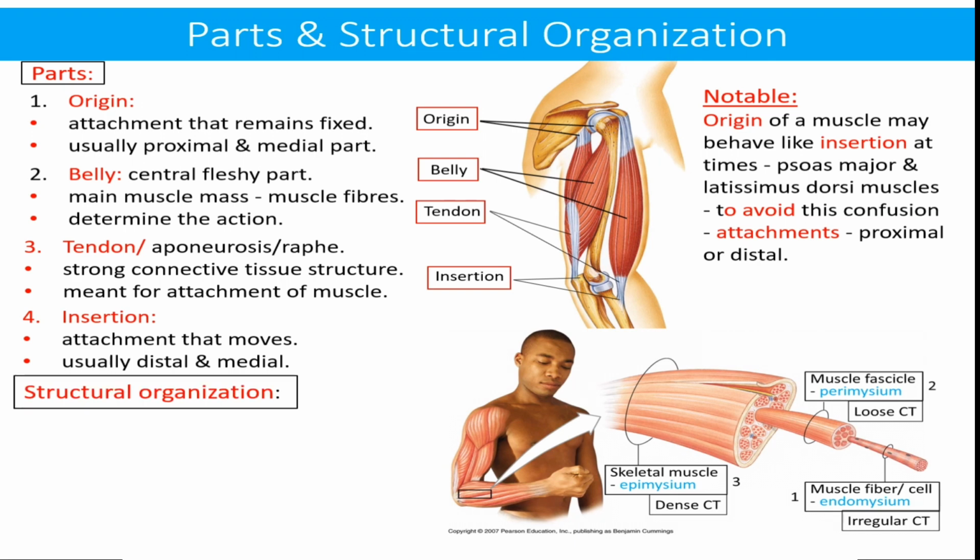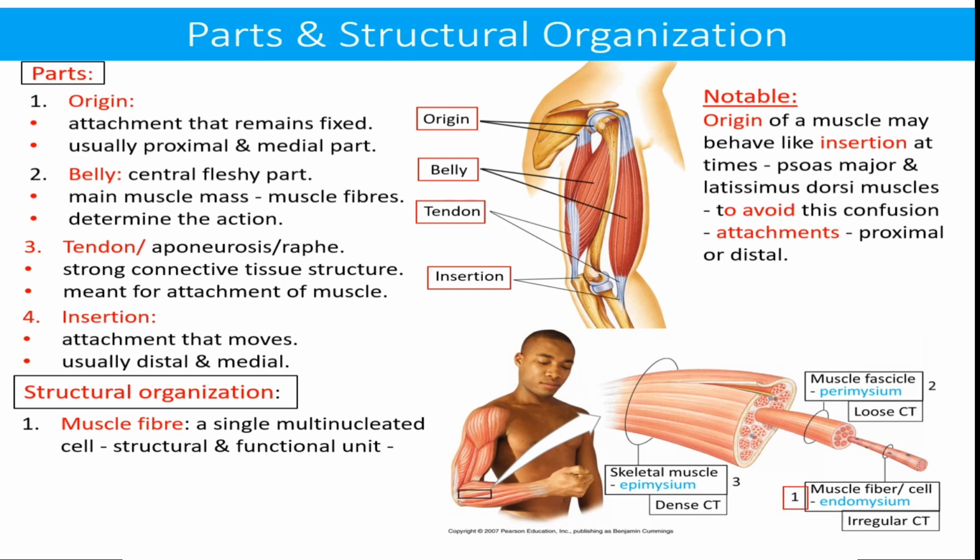As regards the structural organization, the basic structural and functional unit of the muscle is a muscle fiber, which is a single multinucleated cell. It is covered by an irregular connective tissue sheath which is named as endomysium. A group of muscle fibers join together to form bundles, which are also named as fascicles.